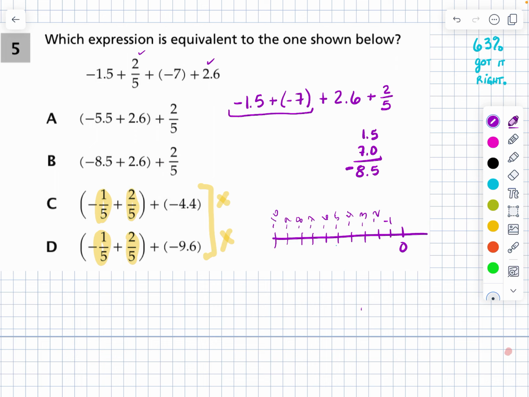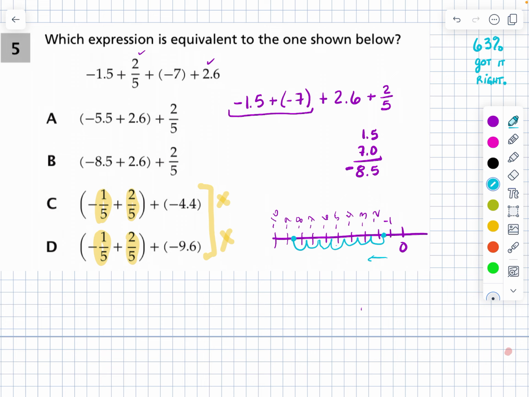Okay, I got the 1.5 first, so we'll go ahead and start there. So -1.5 is right here in between the -1 and -2, and then I'm just going to subtract 7, which means I go to the left 7. So 1, 2, 3, 4, 5, 6, and 7. You notice I put it in between the hash marks because I'm still working with that 0.5.